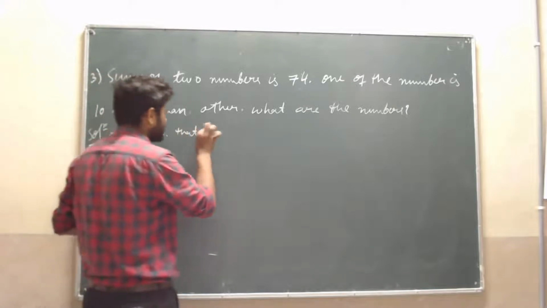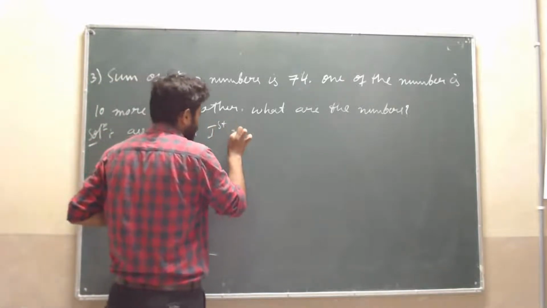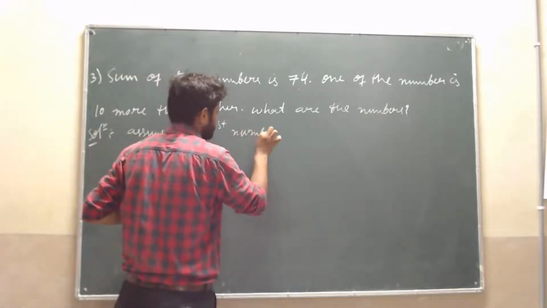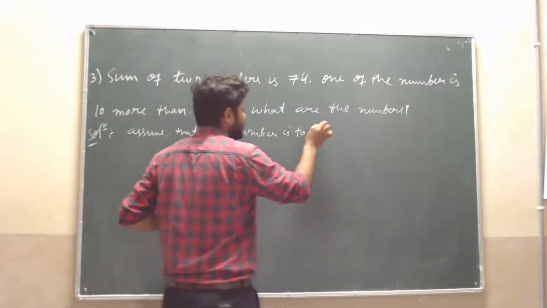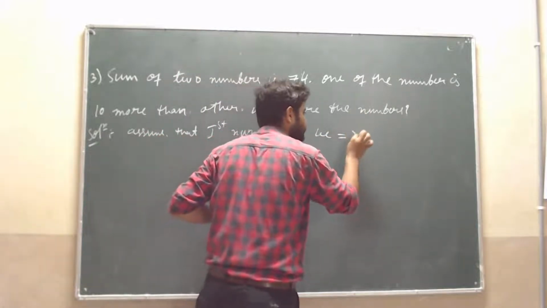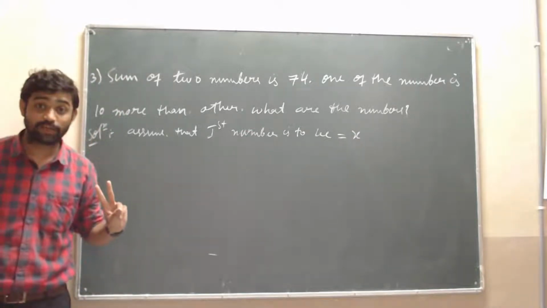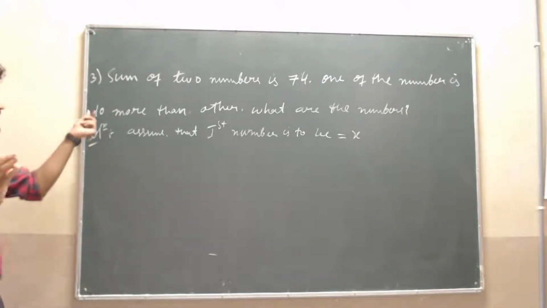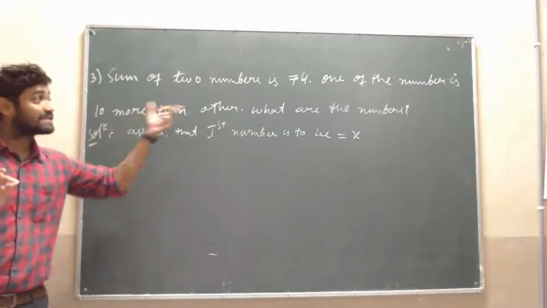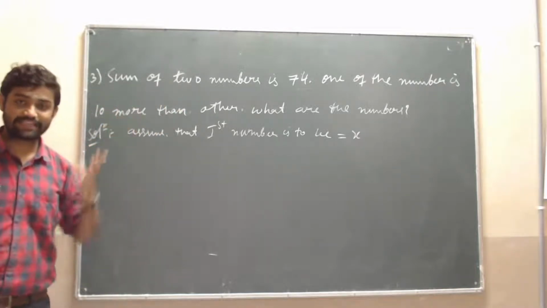Assume that first number is to be x. Simple. We don't know the two numbers. He has just given the hint that one number is 10 more than the other.